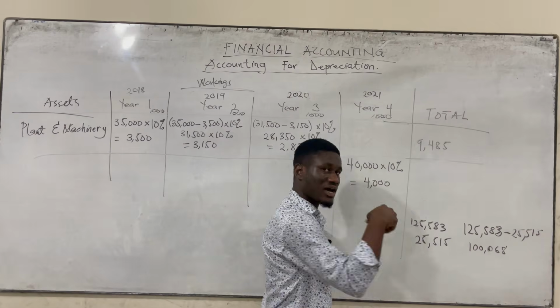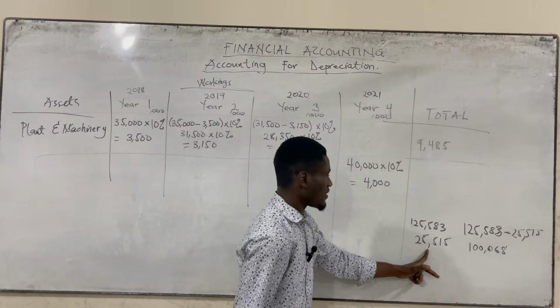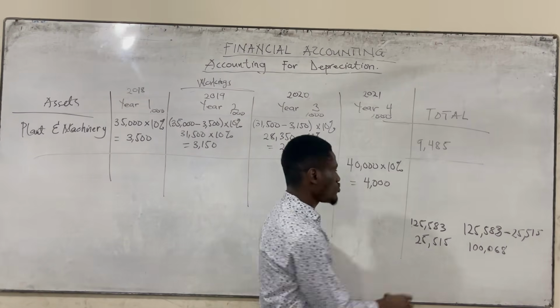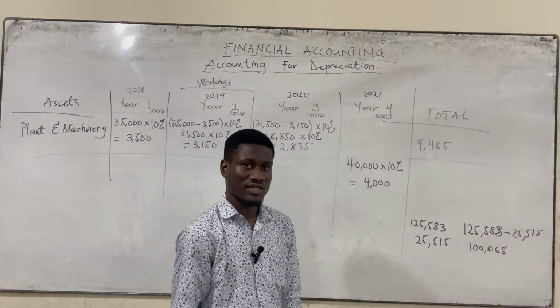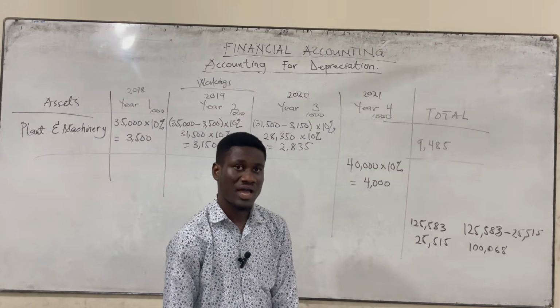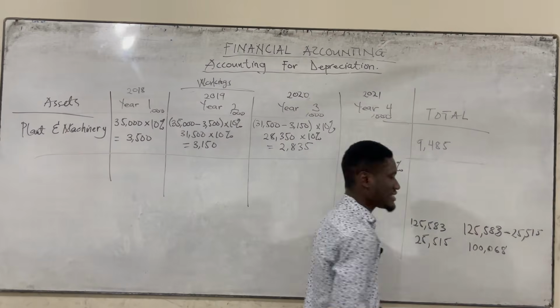But for the 35,000 asset, which is having a new net book value of 25,515, we sold it and we said we shouldn't charge depreciation. So we are going to less it from the plant and machinery that we have starting the year. You get it? For those, we are going to charge depreciation because we are not selling them as at that year. You get it? So when we subtract, we are going to get this.